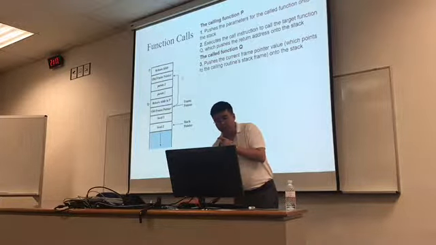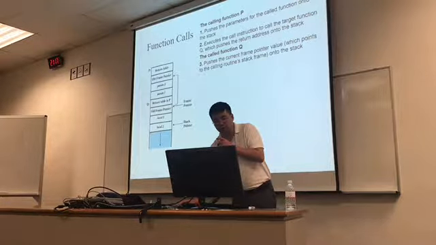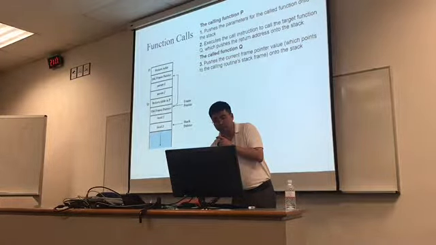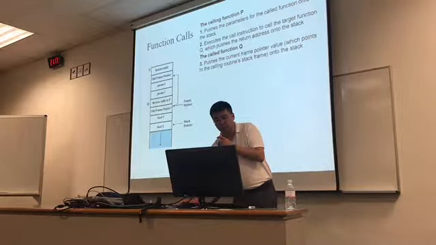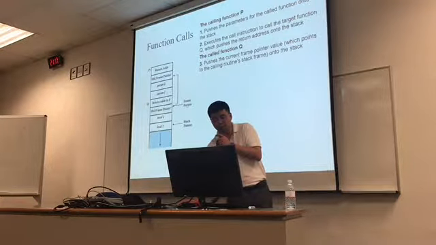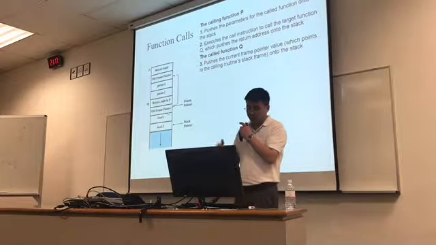The reason is that now, if we are calling Q, you need to move the frame pointer to here to point to the starting position of the stack for Q. So later, after you finish function Q, you need to move this frame pointer back to the starting position of the stack of P. So that's why we need to store the position in this location, so that later we can relocate this frame pointer back to function P. Right. So this frame pointer points to the starting position of the stack.